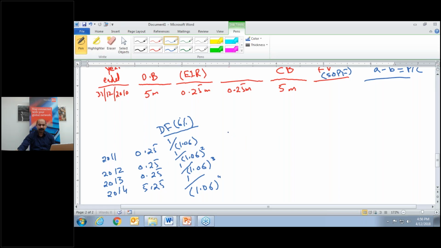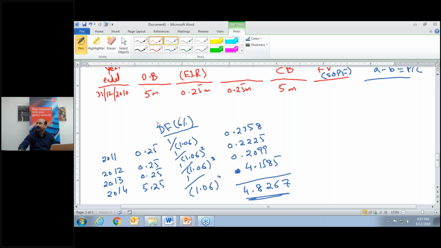This will give us some values like 0.2358 for the second year, 0.2225 for the third year, 0.2099, and for the fourth year 4.1585. So when we total all these amounts, this will give us 4.8267. This is the fair value, which should be here.